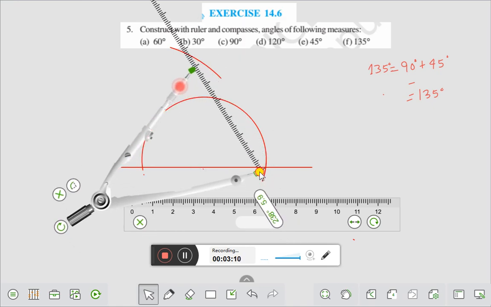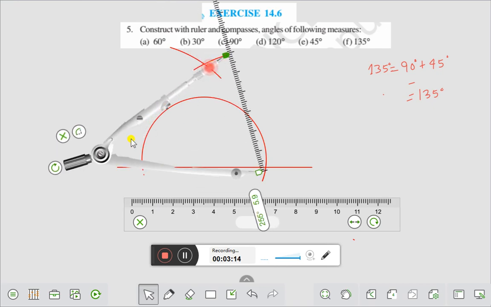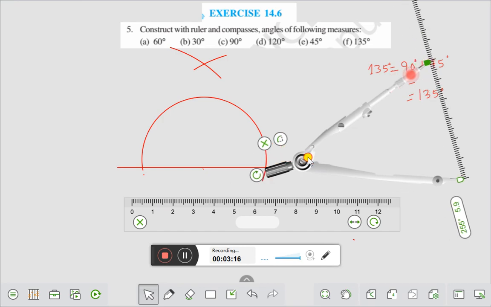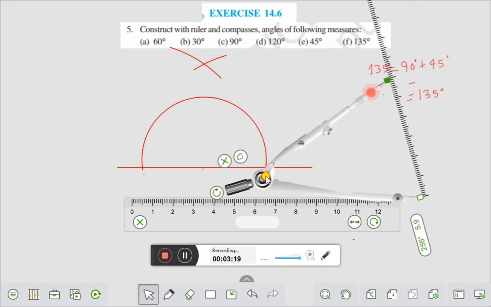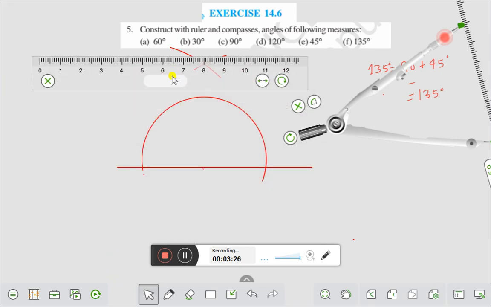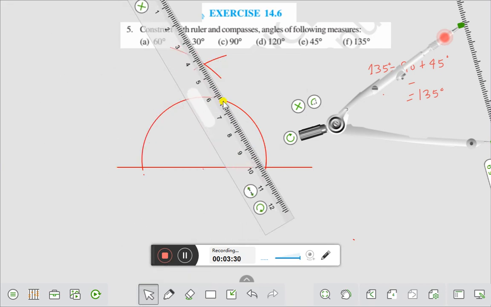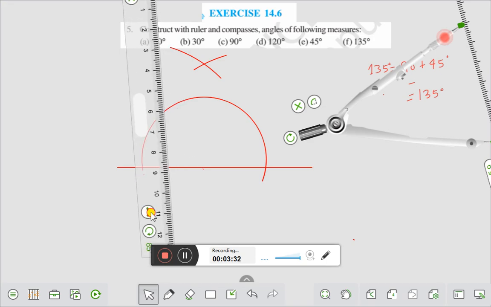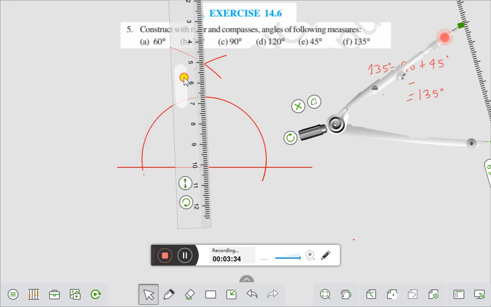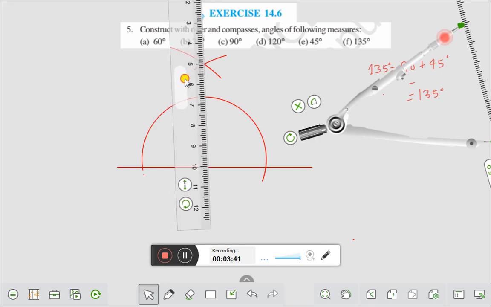Taking this point here, draw another arc, and that gives 90 degree, right? This is 90 degree. With the help of a ruler, draw this side, this gives us exactly 90 degree.